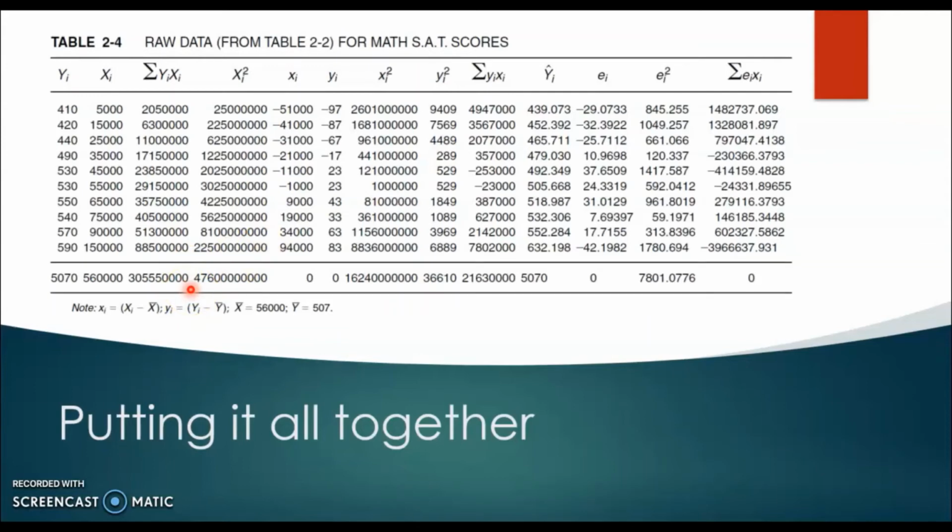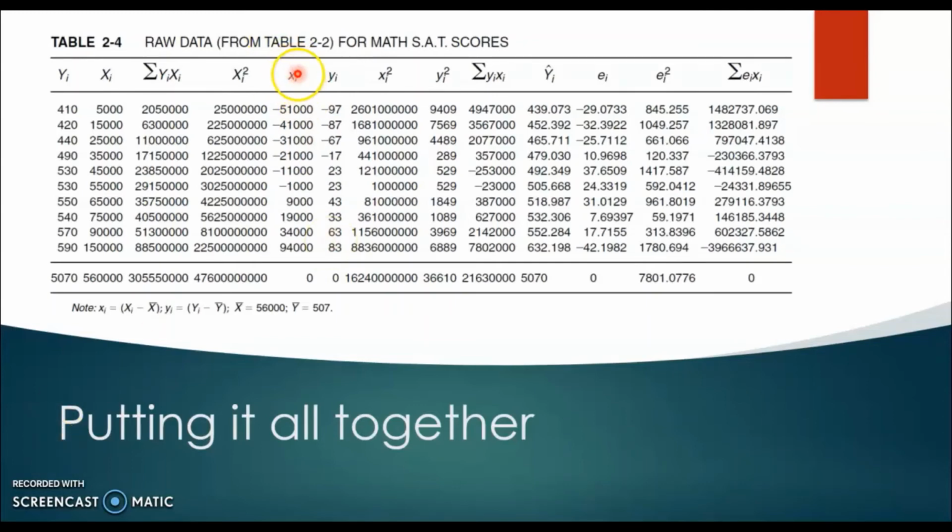It indicates that the sum of the squared value of the independent variable is 476,000,000,000. Here on the fifth column, we have the small letter x.